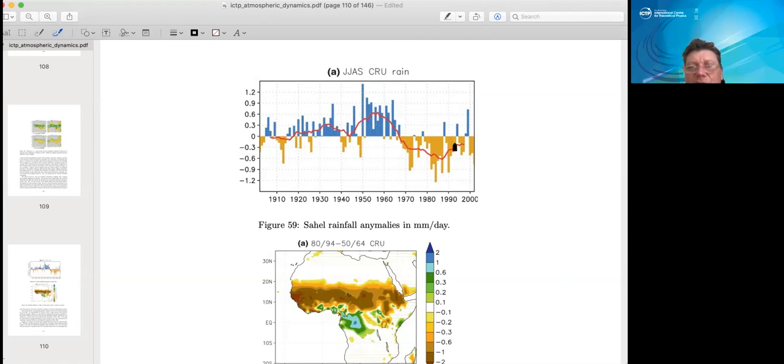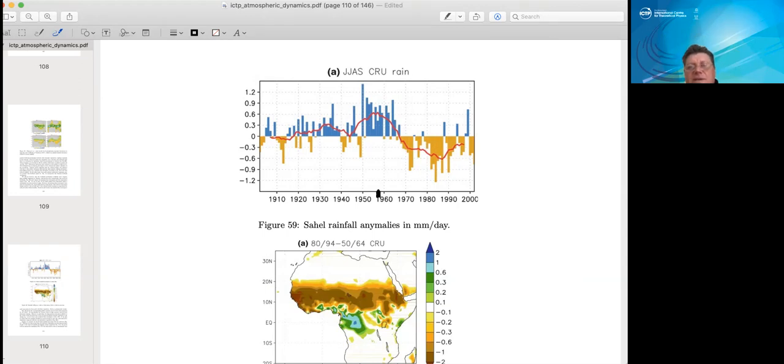But to get such systematic long-year drought events is very unusual in climate. It's not easy to find. And it's very problematic, of course, because that means you can have decades of below normal rainfall, and then other decades where you have probably flooding in that region. So that is very problematic.